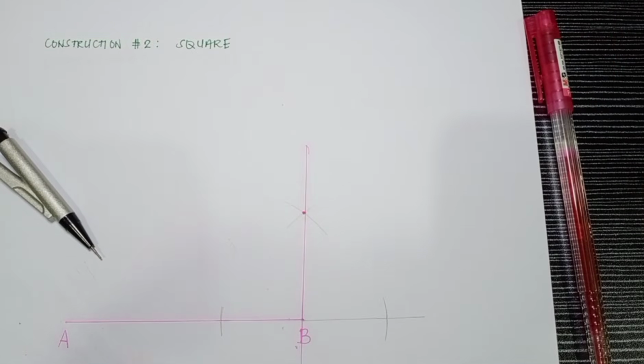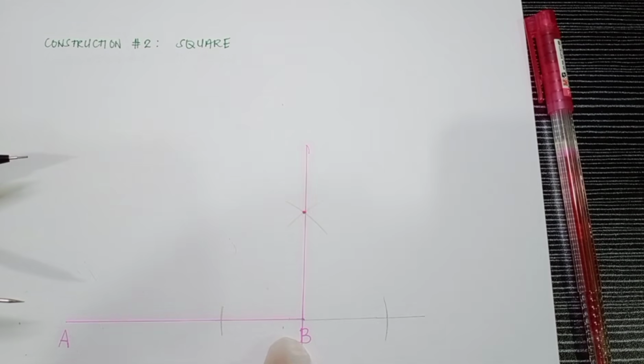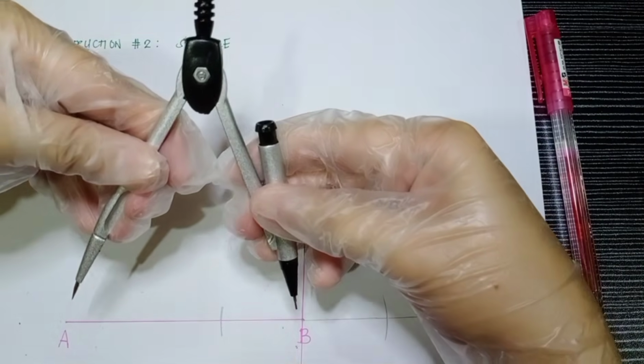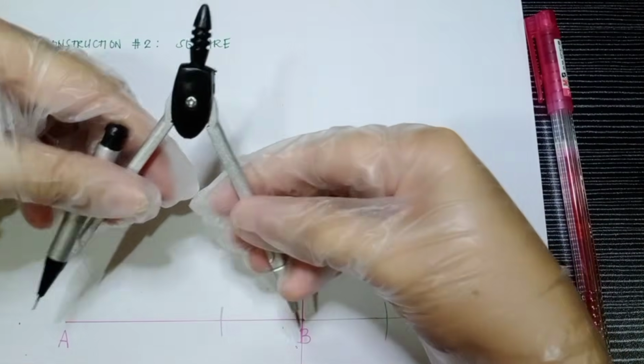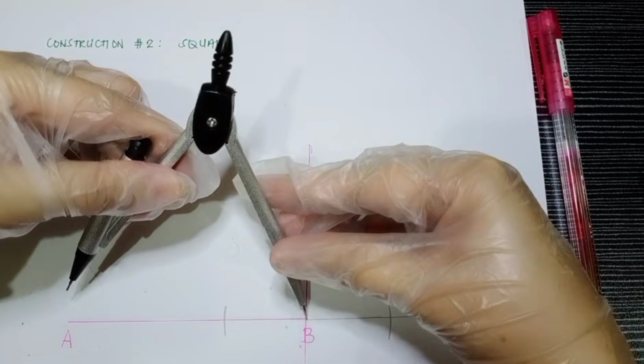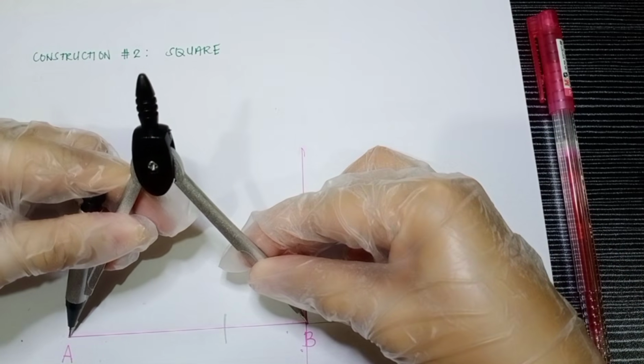Since ang pinapagawa sa atin ay square, since we all know that a square has 4 congruent sides. So, 4 na sides na pare-pareho o equal ang sukat niyan. So, kung ito yung given mo, ito yung segment na given mo, sukatin mo ngayon yung radius niyan. Okay, sukatin mo yung radius niyan. So, from B, sukatin nyo po. So, kulang pa.